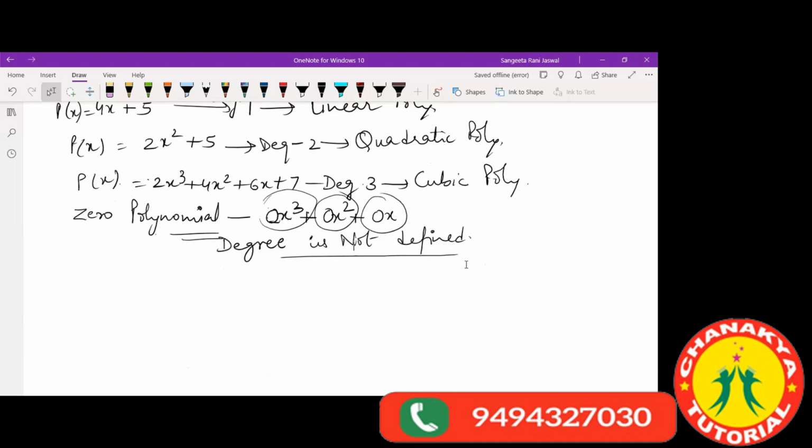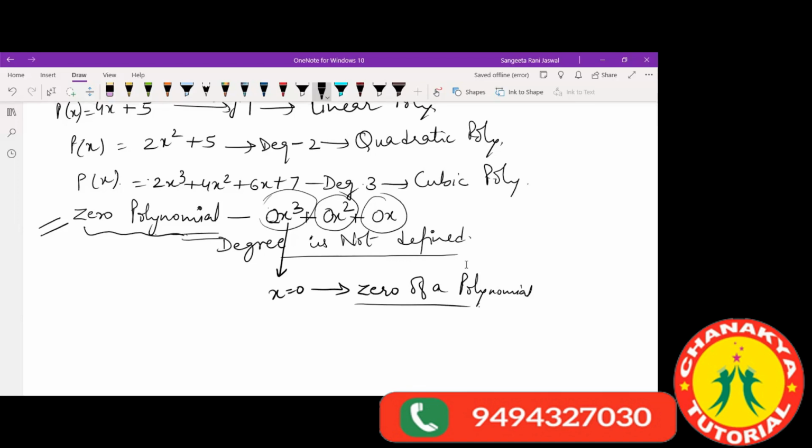And when you have your value of x as 0, then you call it a zero of a polynomial. So these are two different things. Zero of a polynomial is one thing, and zero polynomial is a different thing. They both are different. Okay?